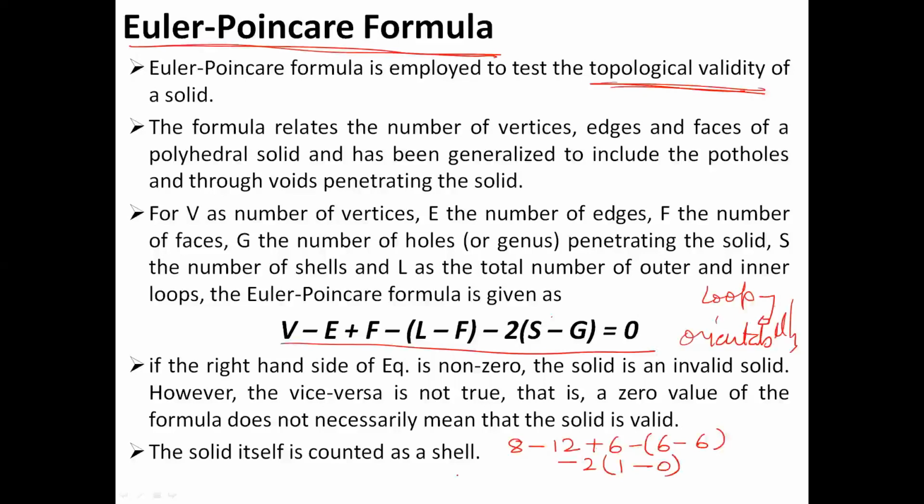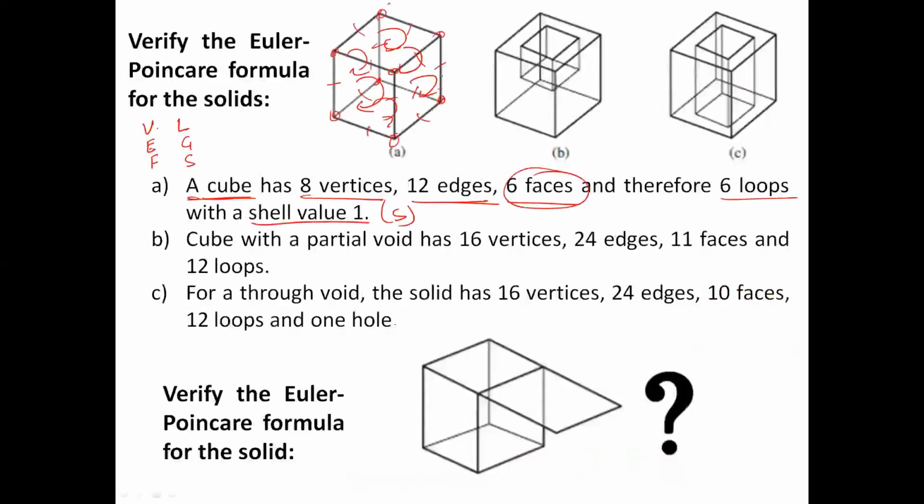Now what will be the value? So it is 8 minus 12 plus 6 minus 6 plus 6 minus 0 minus 2. So 12 and 2 is 14, and 8 and 6 is equal to 14. So this value becomes 0. So LHS is equal to RHS. That means this object that you have just evaluated is topologically valid.